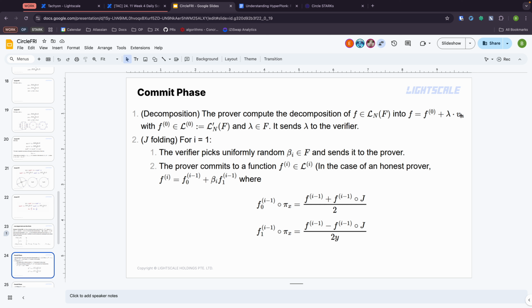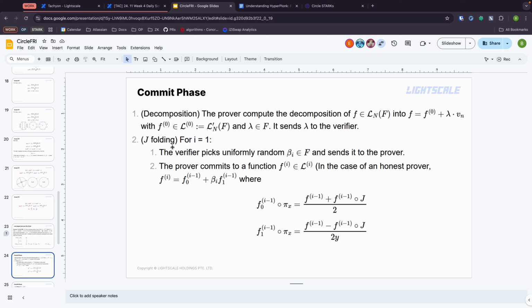What they do is they take the Vn component outside, so we will actually evaluate over Vn minus one. So the prover will decompose into this form, and then F0 is going to be inside this first evaluation domain, right? And then lambda is sent to the verifier so that they can verify this part.